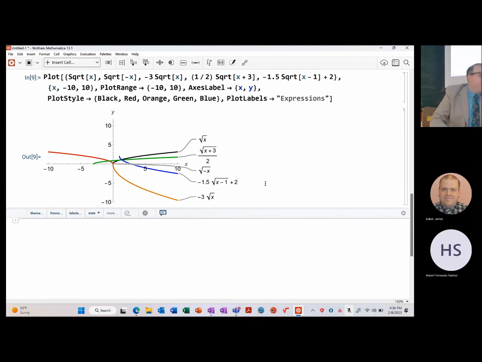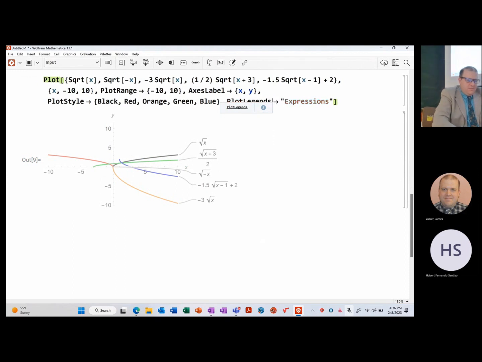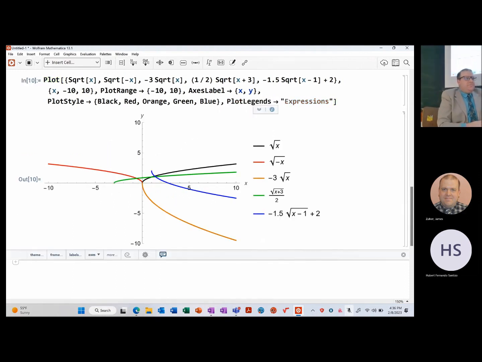Oh, geez. I thought one of the gray lines was a function, the root of negative x. I'm like, how the heck? No, the light grays are not functions, they're lines pointing to the curves. Could also do this instead of plot labels. Plot legends.